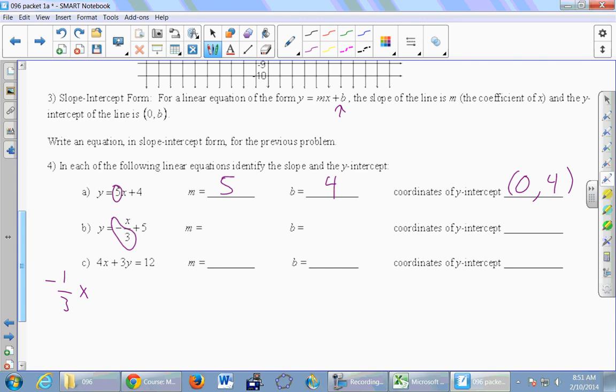The division by 3 is on the bottom. If you really want to see the details, write the x as x over 1. And then multiply them together, and hopefully you see you get negative x over 3. So now that it's written as negative 1/3 x, what's the slope? This is negative 1/3, just the number touching the x.